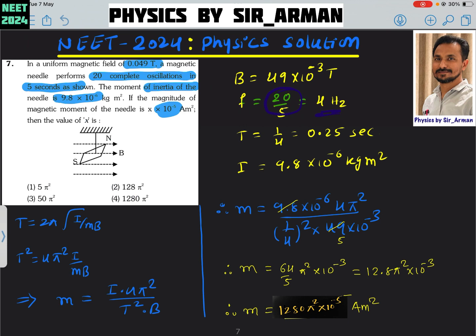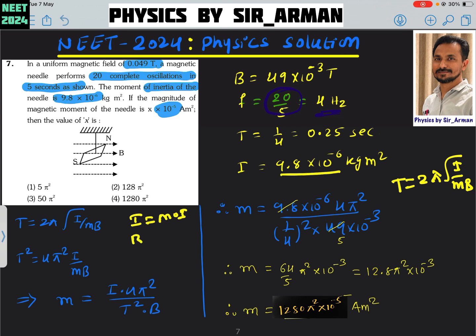Now see, whenever the magnetic moment is asked along with oscillation, both are connected. There is one equation in our textbook, T is equal to 2 pi under root I by mB. This equation perfectly matches the given data. Here I is the moment of inertia, which is 9.8 into 10 raised to minus 6.